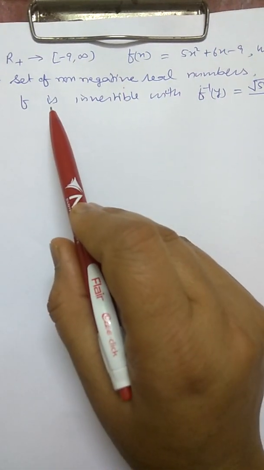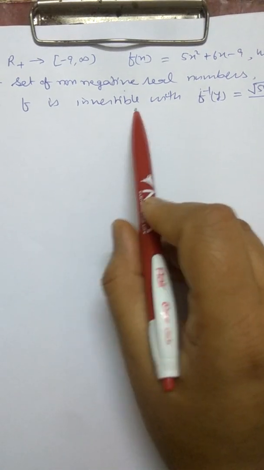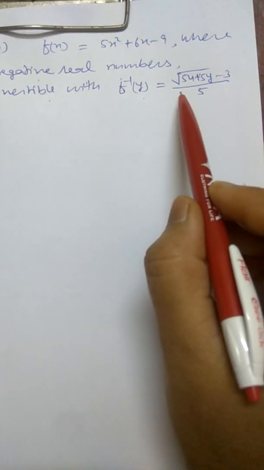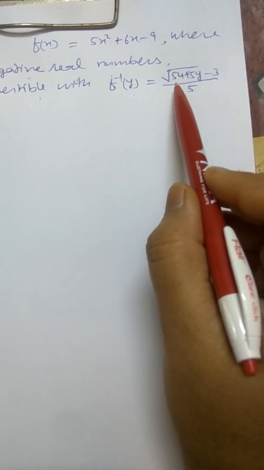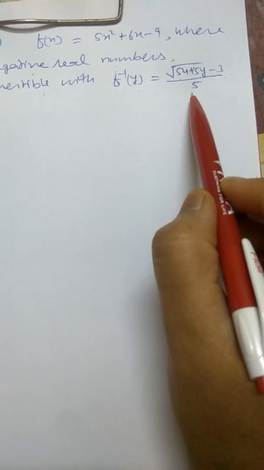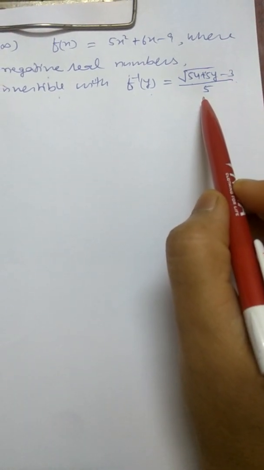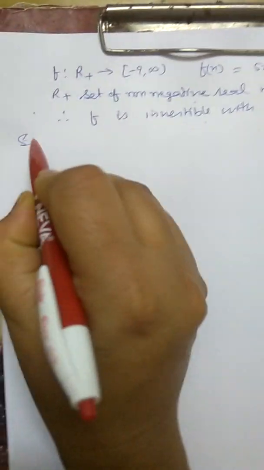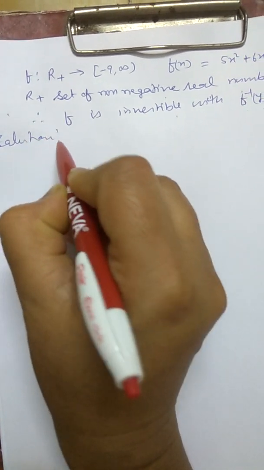Show that f is invertible with f inverse of y equal to (√(54 + 5y) - 3)/5. Is it clear? The first method: we have to prove that this function is one-one and onto.